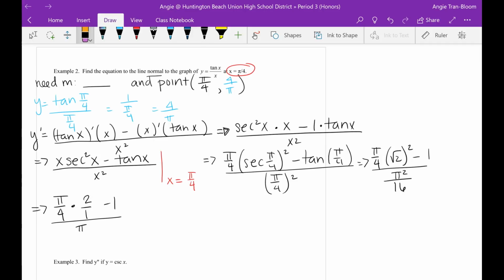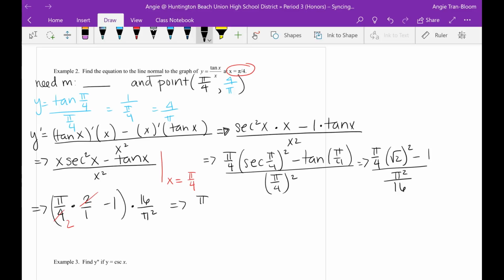Actually, can I multiply by its reciprocal? So let's do this. Because this is pi squared over 16, I'm going to multiply by 16 over pi squared. Now I can reduce that down to 2 here. That will give me, as you can see, pi over 2 minus 1, and I'm going to make it into a common denominator.